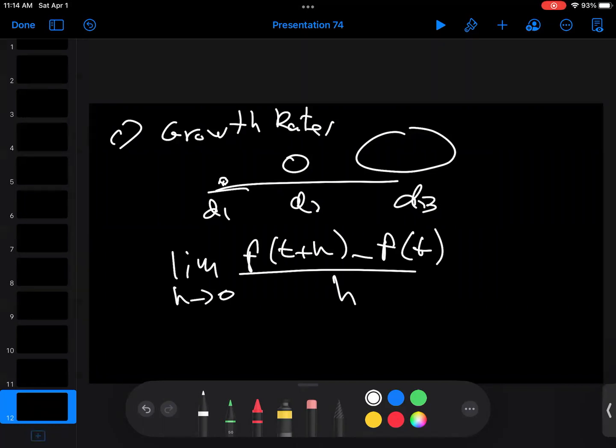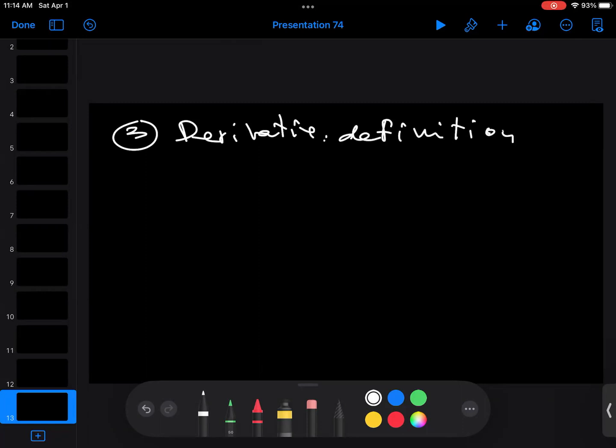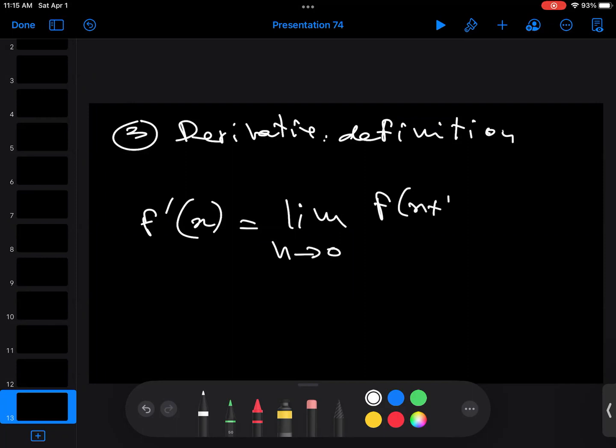So for a function f, we say that when this limit exists, the derivative of the function f at a point x is defined by the limit as h goes to 0 of f(x plus h) minus f(x) divided by h.